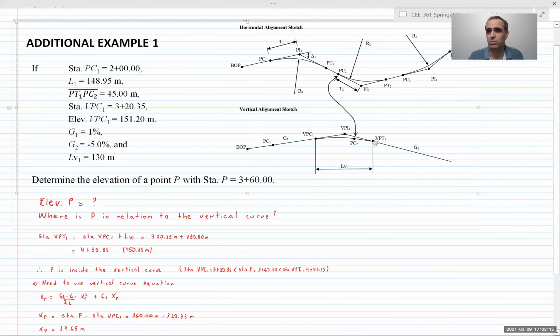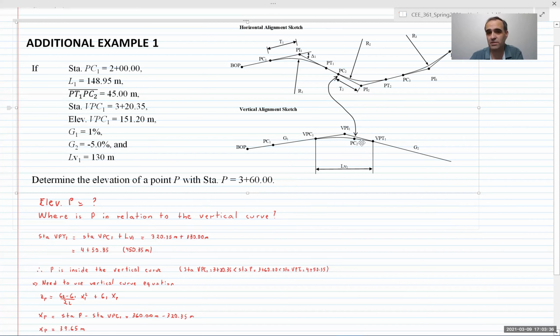And that's why I added one small section in the midterm, one of the questions, because you should be able to know that, because that goes to the definition of grade and knowing about a point. But in this example, we're trying to exercise vertical curves, so you can bet that this point P falls somewhere here in the curve.